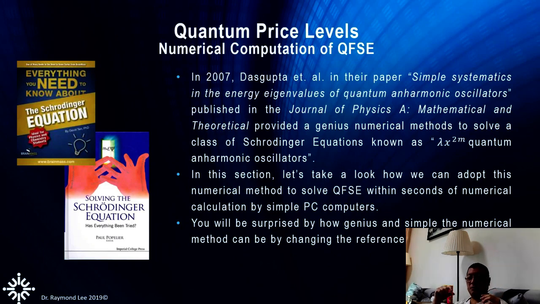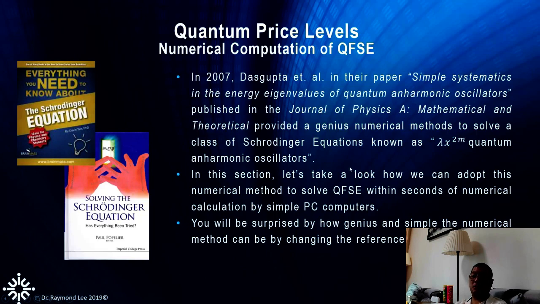In this paper, they spent many years to solve what we call the lambda x 2m quantum anharmonic oscillator equations, until they got a very powerful and simple solution. After that, we can solve the problem automatically by computers. That is the turning point.